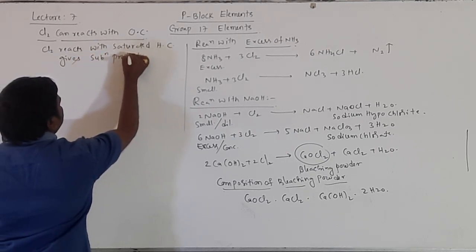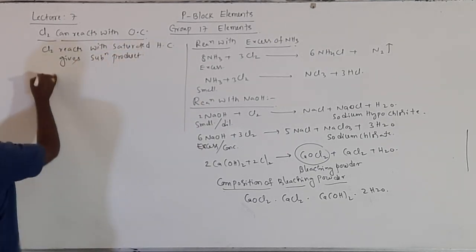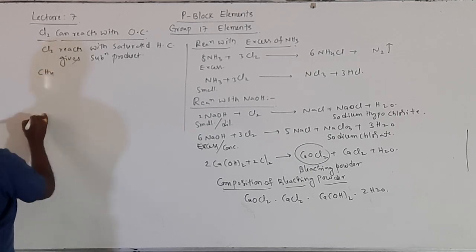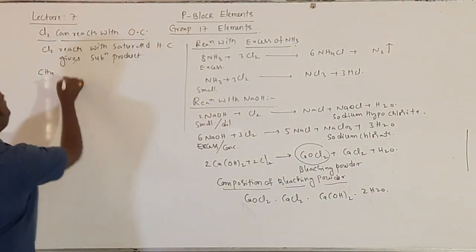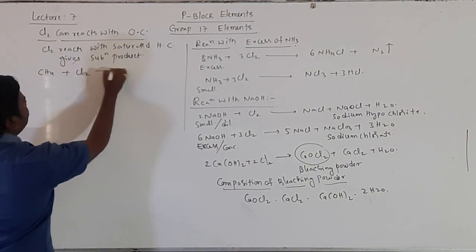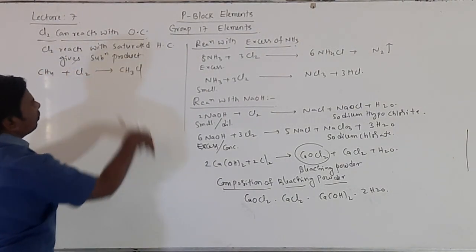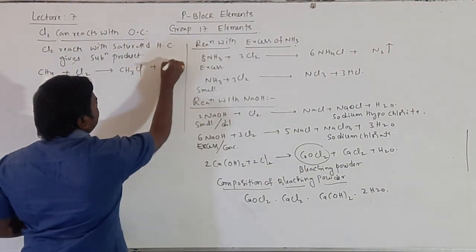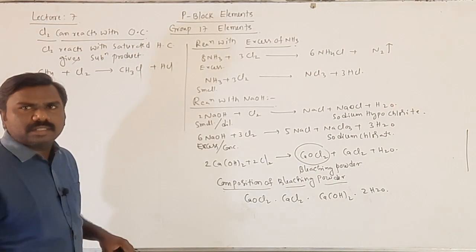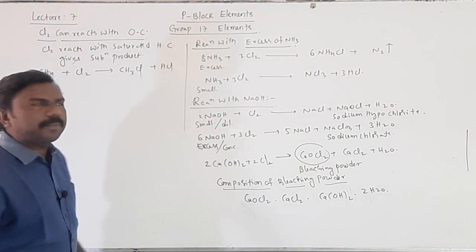It means hydrogen will be substituted. Example, methane is saturated because all are single bonds. With chlorine, one hydrogen is substituted by chlorine, up to the 4th hydrogen by chlorine, and the hydrogen and leftover chlorine are removed as HCl. It is a substitution product.